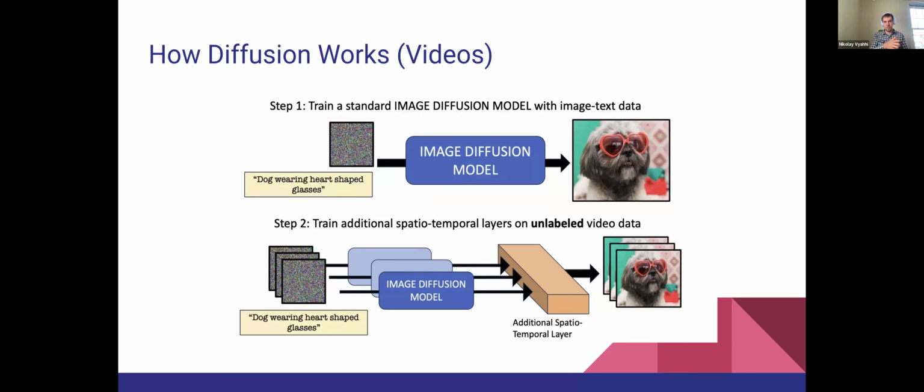You need some consistency of moving objects or things happening in the image. So video generation is similar to image generation, but with a temporal dimension and consistency over the temporal dimension.